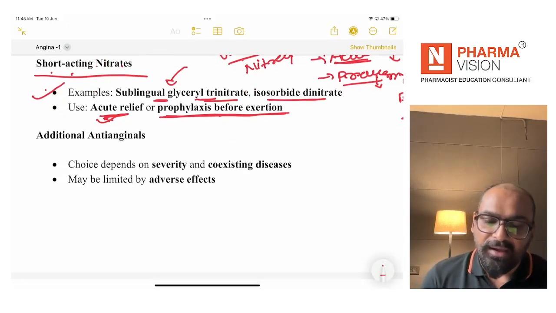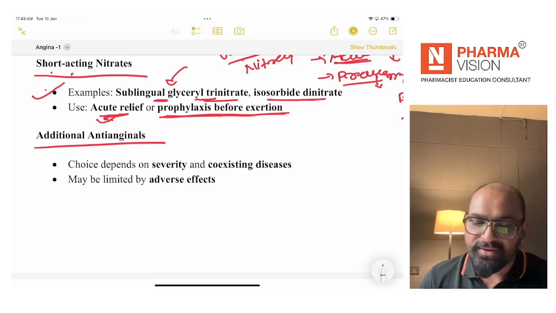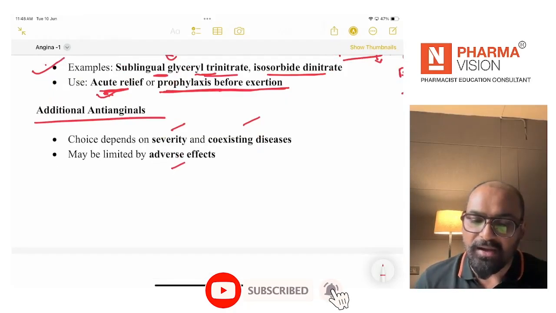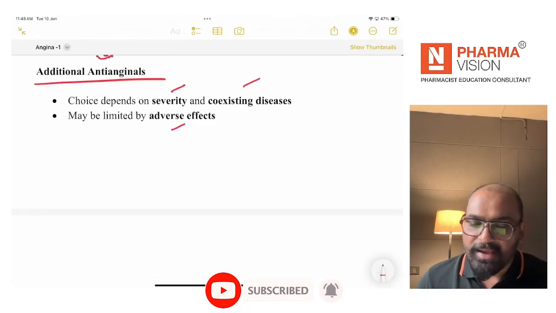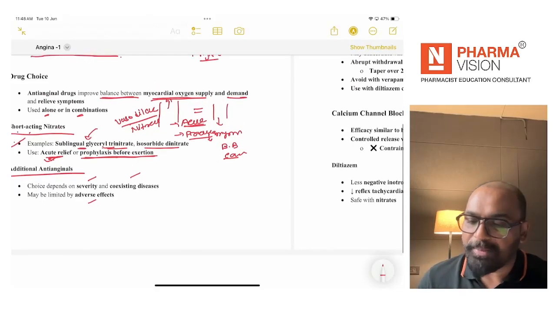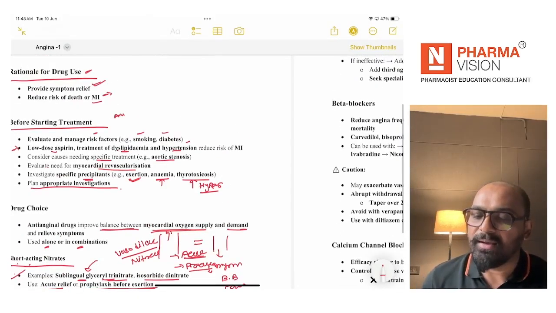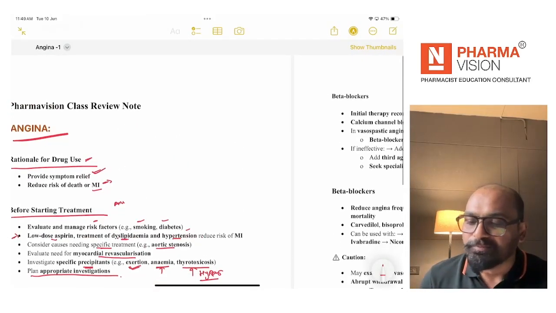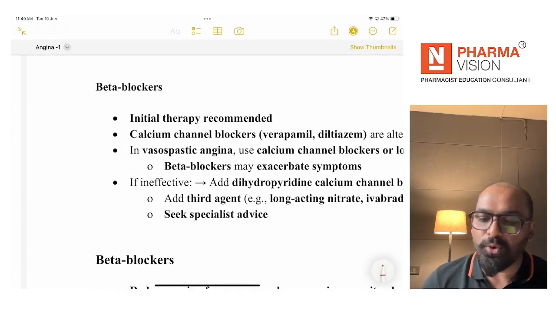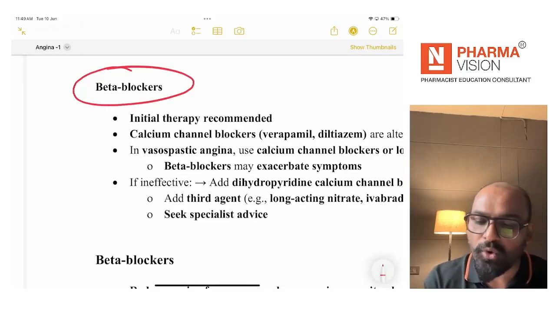Additional anti-anginals depend upon the severity and coexisting conditions and are limited by the adverse effects. So some medications cannot be used in certain patients because of the side effects. But we start with the most important medication, that is the beta blockers.